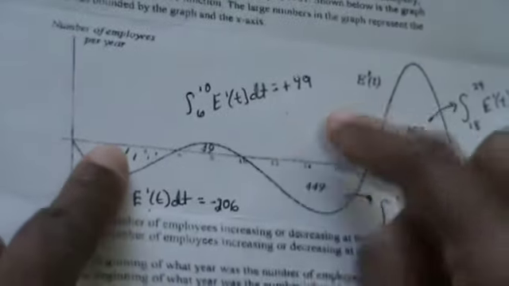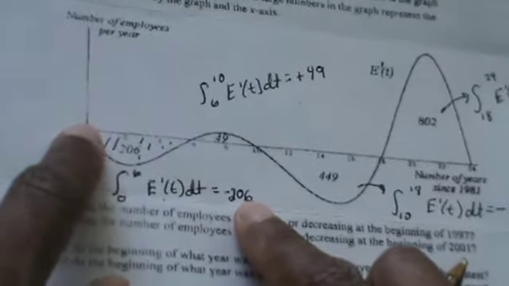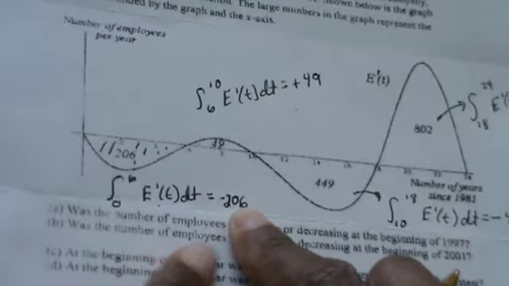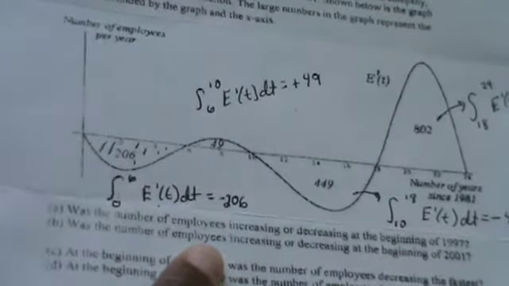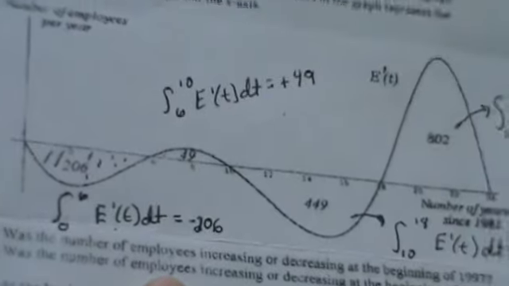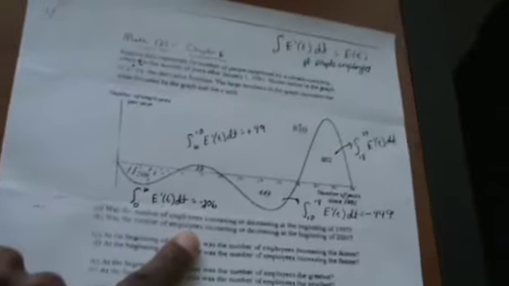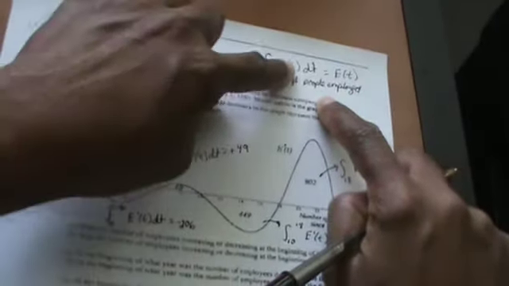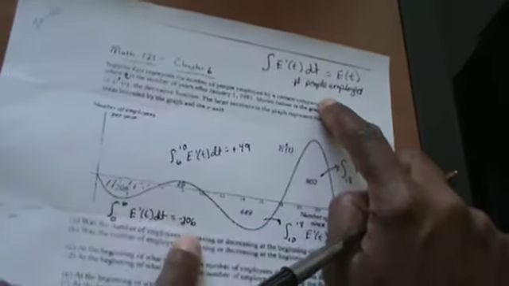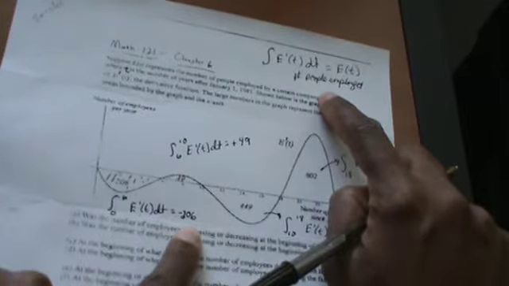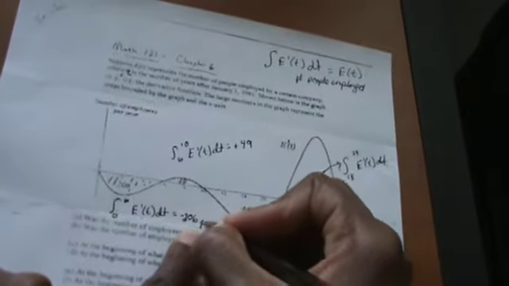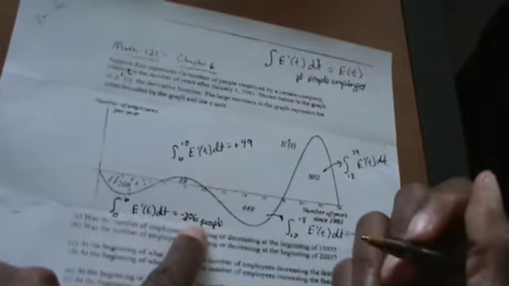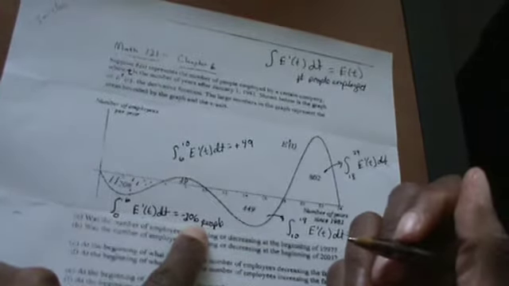So notice what this very first one indicates is that you lost 206 people, right? Because as I said, I'm going to zoom out so that you can see what I'm talking about. If E is the number of people employed and you're finding these antiderivatives, then this should be 206 people, which means that your overall population dropped by 206.